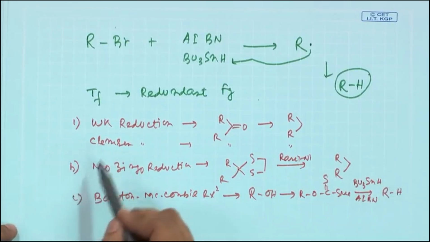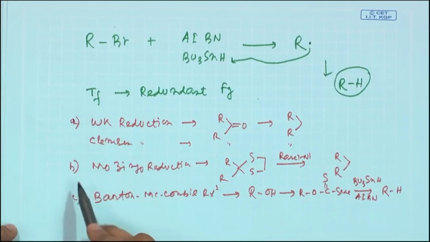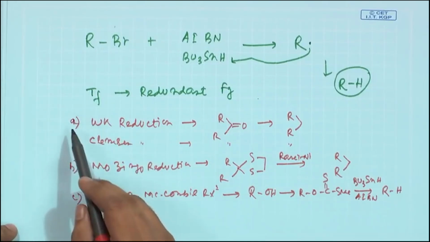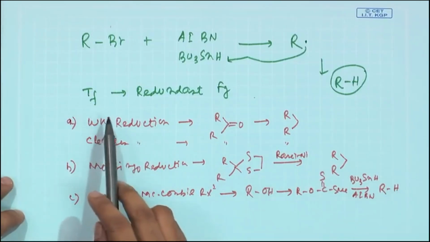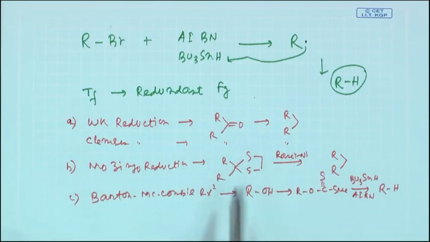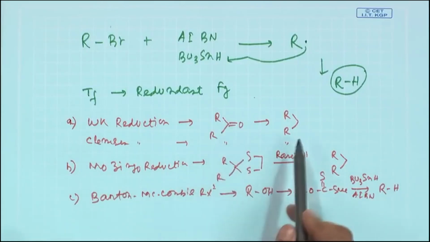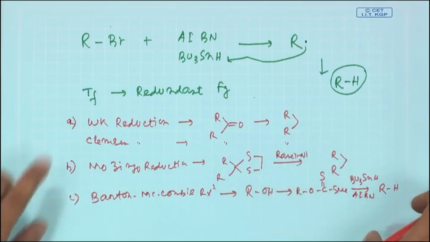So, these three are the main key reactions in this radical mediated exploration of redundant functionality, where you can get rid of a particular functional group to convert to the corresponding deoxygenated product. These three transformations are often used if you want to explore redundant functionality.